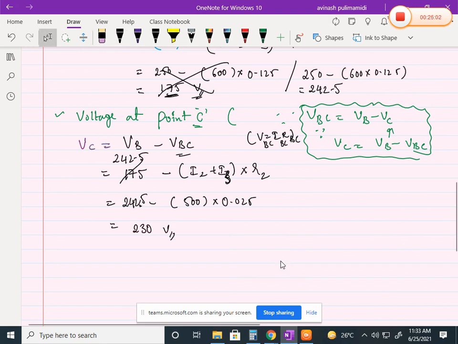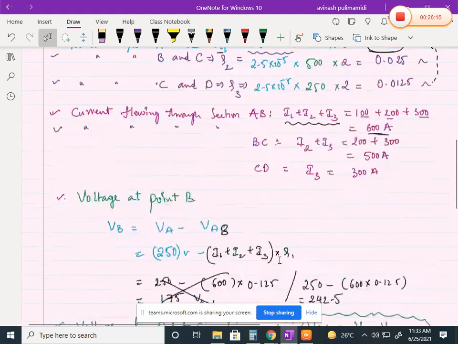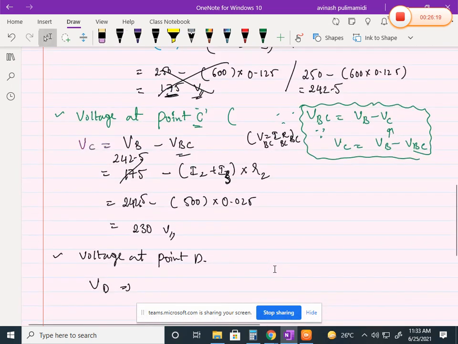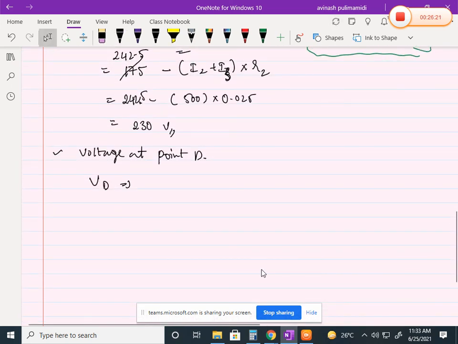230 volts. Similarly, voltage at point D. For D, take the CD branch. Then similarly VC minus VCD. What is VC here? 230 minus ICD into R3.